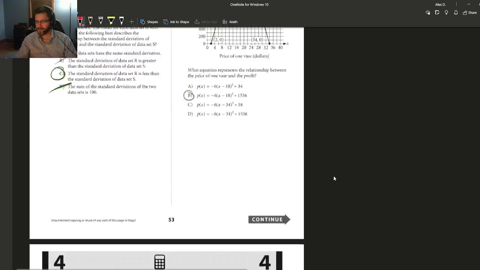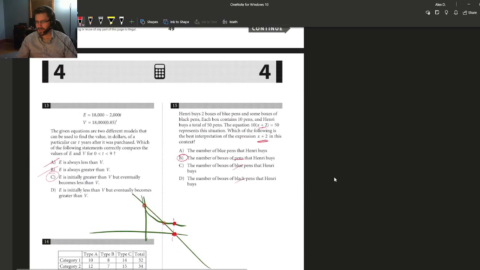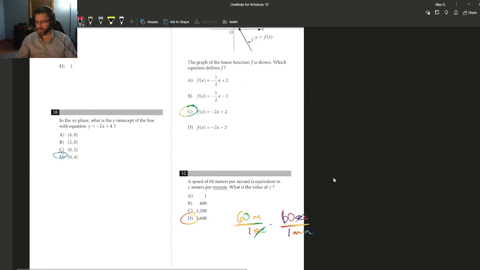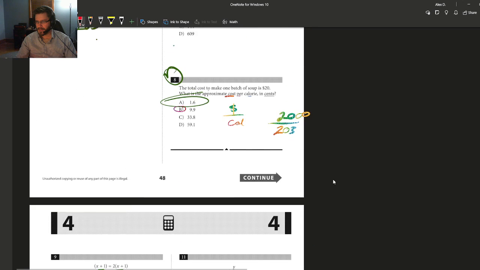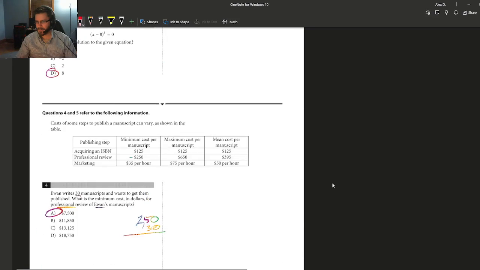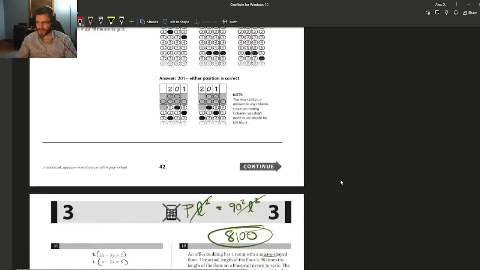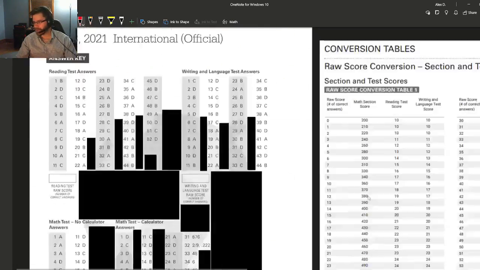Where's 2? 2. 3, 4. I missed 4 in there. Goodness. I usually don't miss it.